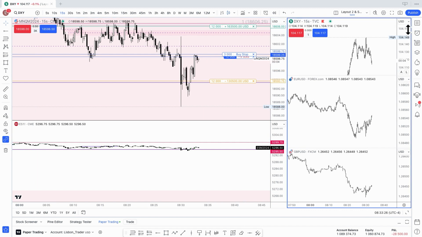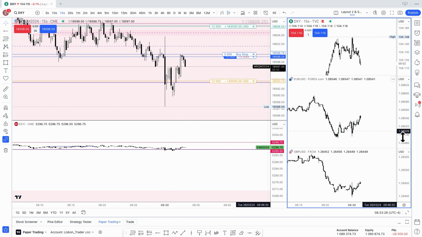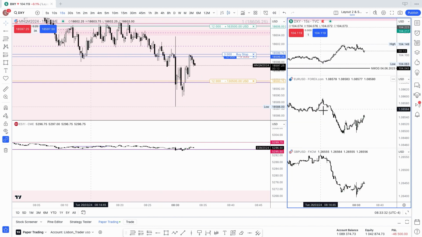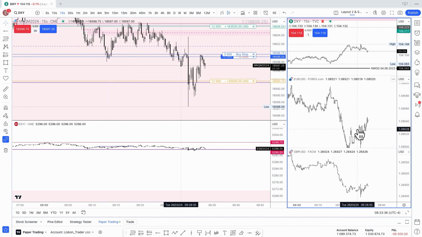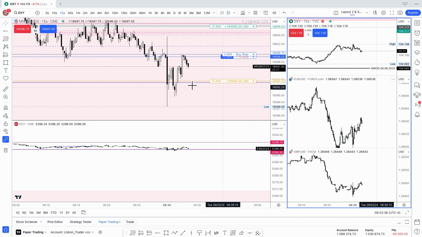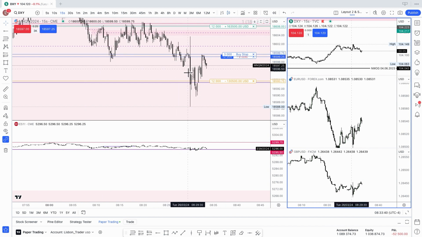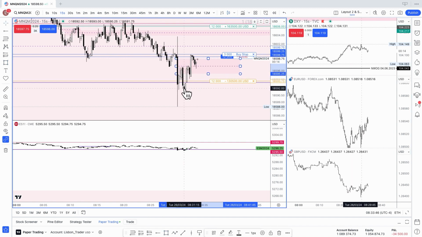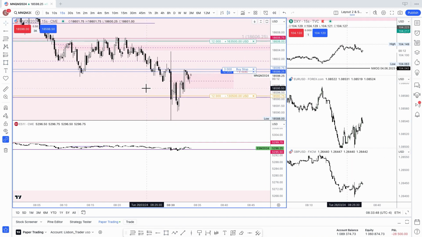So DXY spiked, now is coming lower, and Euro is also recovering from this drop to fill this gap. So there's a buy side imbalance here on a 15-second basis.